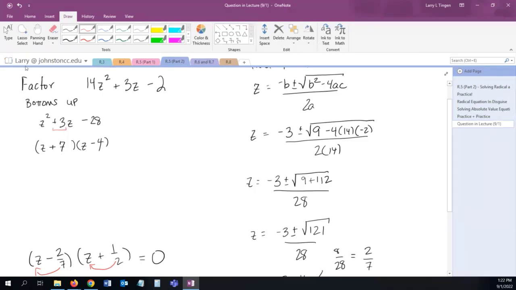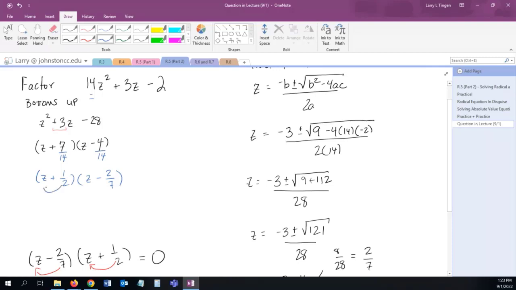The right answer is down here. Well, remember I used bottoms up, and in bottoms up, I took that A and multiplied it by C. So now I have to come back and divide the zeros that I found for the modified quadratic, and then I need to reduce. 7 over 14 is 1/2, z minus, this looks familiar, doesn't it?